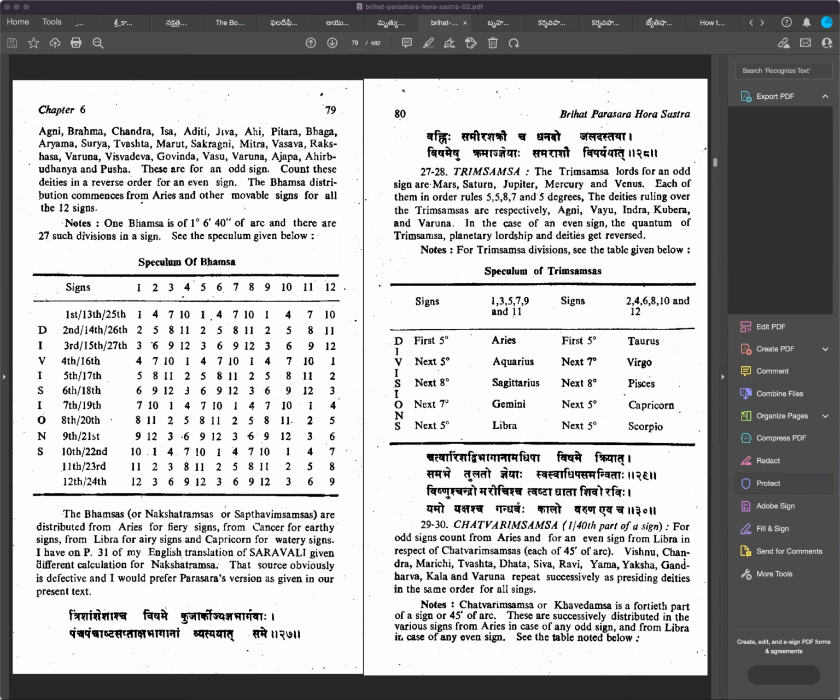On page number 31 of my English translation of Saravali, I have given different calculations for Nakshatramsa. The source is obviously defective, and I would prefer Parasara's version as given in our present text.